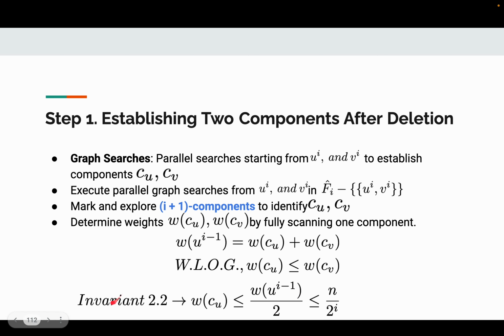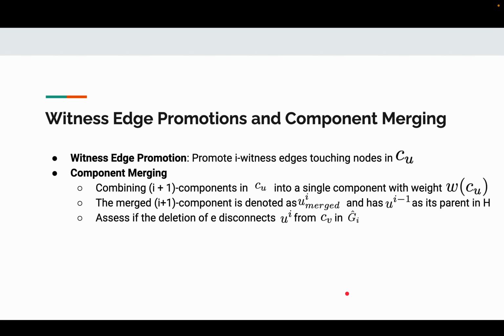And applying the second property of invariant 2.2, the weight property, to this weight, we have n over 2 to the power of i.